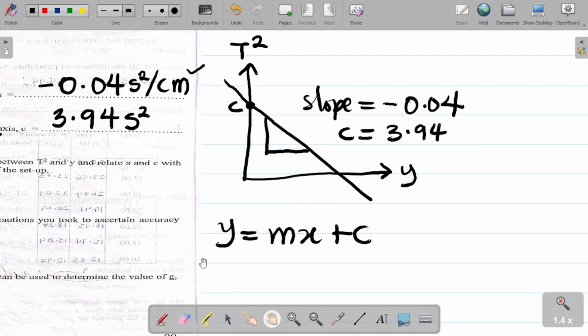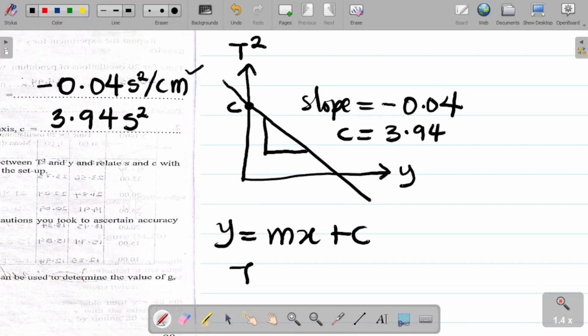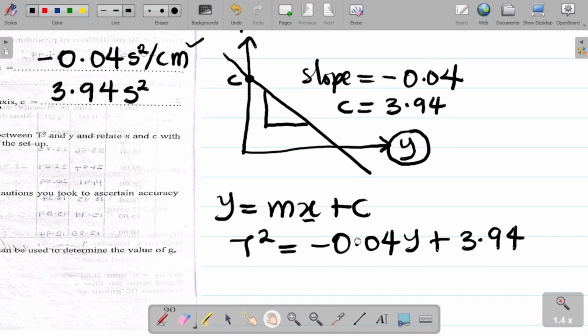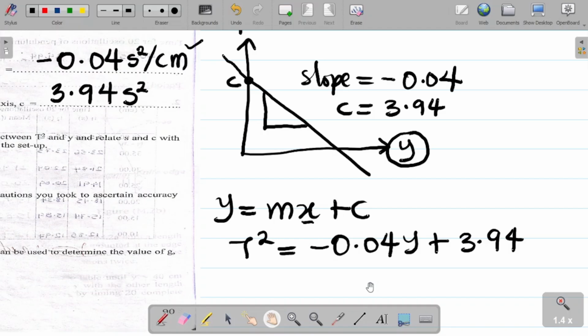It means that y, which is in this case t squared, will be equal to m, the slope, which is minus 0.04, times x. For this, we have y lying on the x-axis. So it becomes minus 0.04y plus c, and c is the intercept, which is 3.94. This becomes the relationship between t squared and y, and the relationship between s and c, where s is the slope, minus 0.04, and c is 3.94.